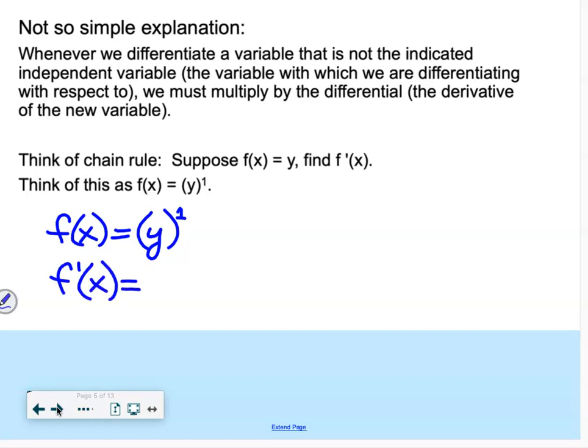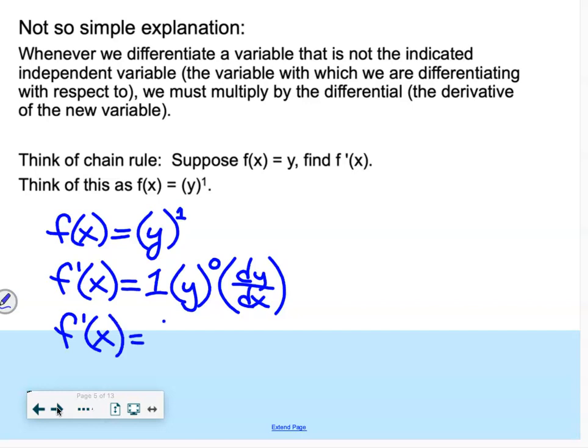If I do chain rule, it says the derivative of y to the first is 1 times y to the 0 times the derivative of the guts. But what is the derivative of y with respect to x? dy/dx. So this is just a big fancy way of saying f prime equals dy/dx, or the derivative of y is dy/dx.